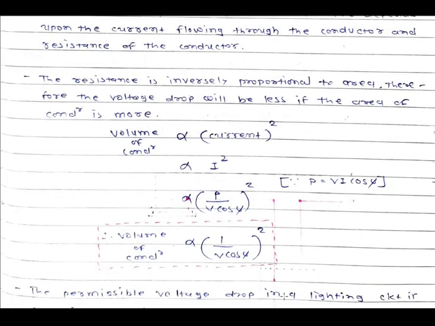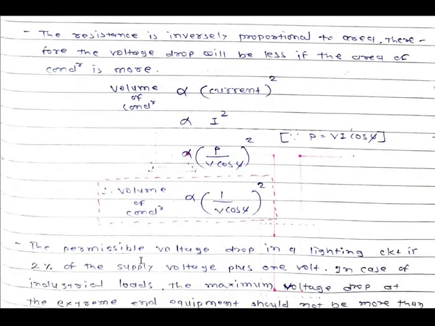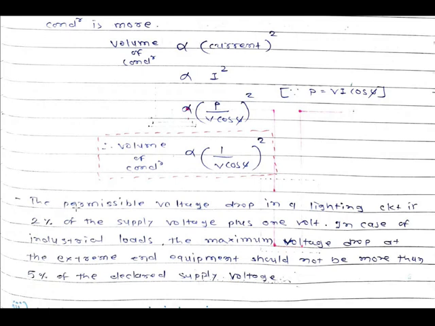The permissible voltage drop in a lighting circuit is 2% of the supply voltage plus 1 volt. So for a particular lighting system, 2% voltage drop plus 1 volt is applicable.